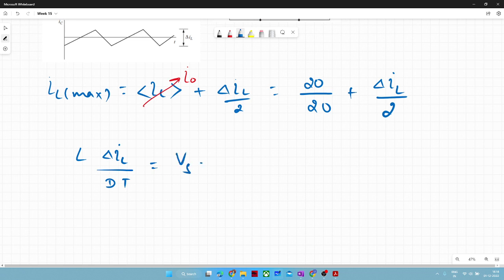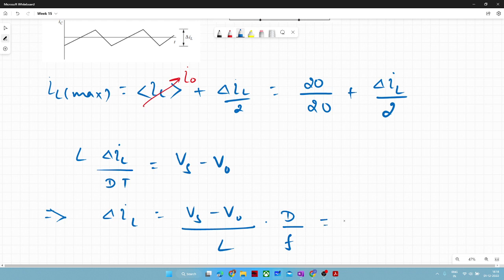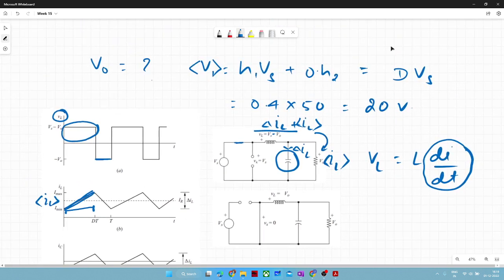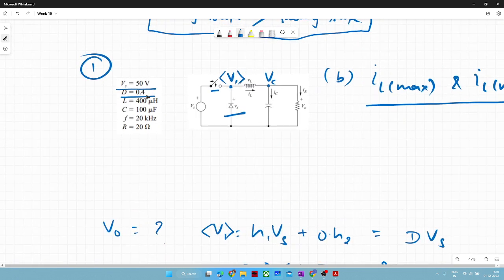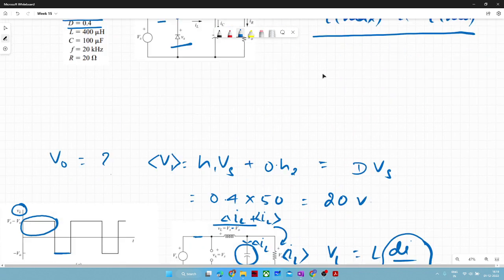From this we can easily write del IL as Vs minus V naught by L into D, and we can write T as 1 by F, because we will be given the switching frequency. Now we know Vs is 50, we know V naught is 20, we know D, F and L, whatever was given.